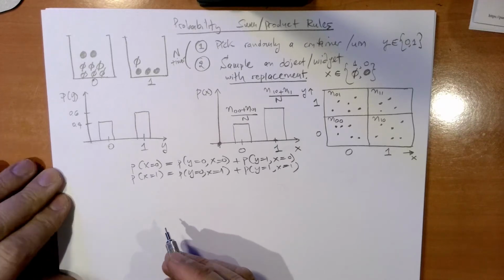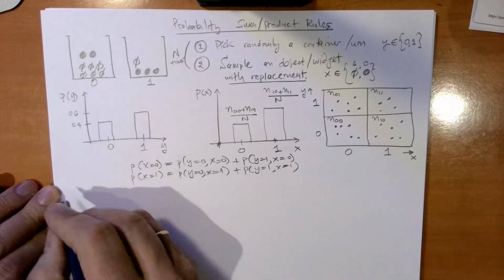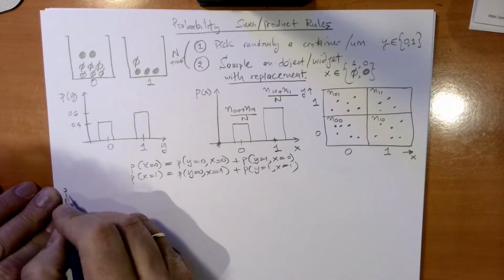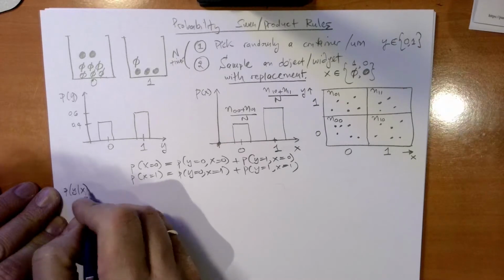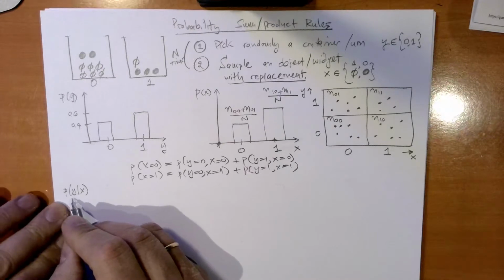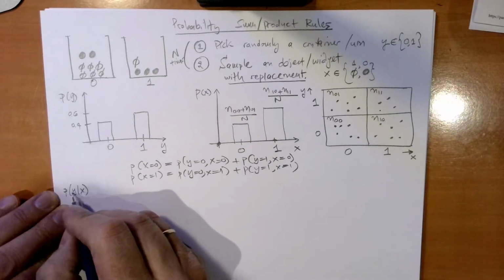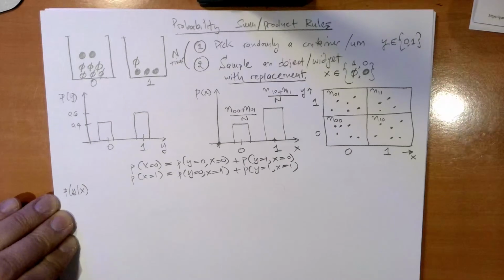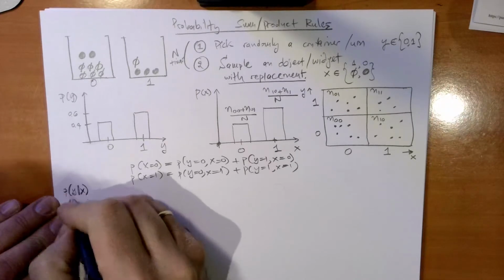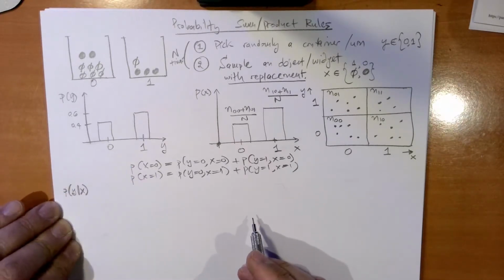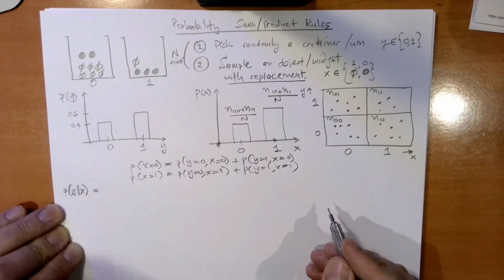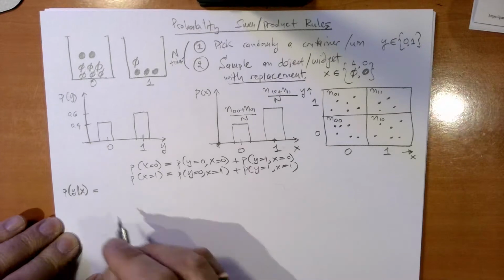Now, what if someone asked us to quantify another probability distribution, the conditional probability distribution of y given x? This is the probability of selecting the urn given what we observe after we pick an object out of it. We can think of this distribution as having 4 components.